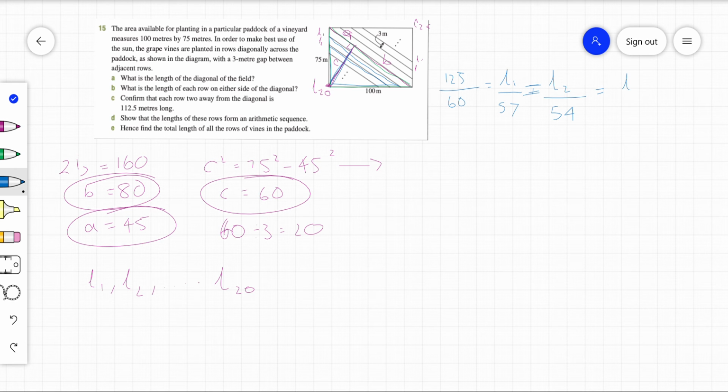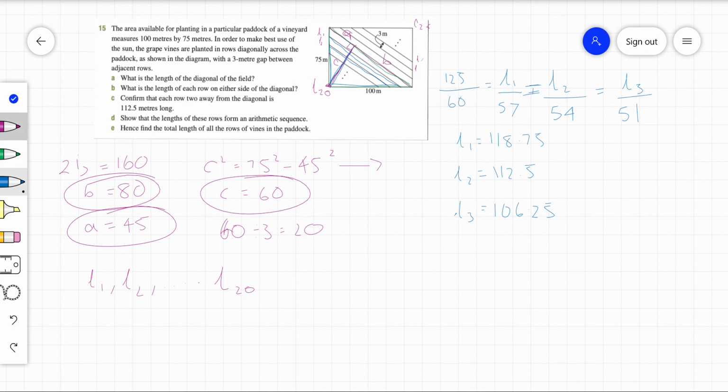And then I could look at the third one, etc. It has a perpendicular height of 51. So because they're similar triangles, those ratios have to stay the same. So if we figure that out, we've got 125 over 60 times 57 will give us our L1. 125 over 60 times 54 will give us our L2. 125 divided by 60 times 51 will give us our L3.